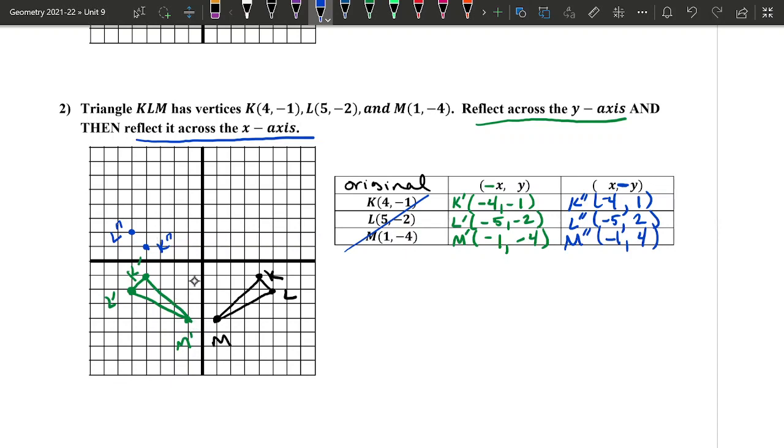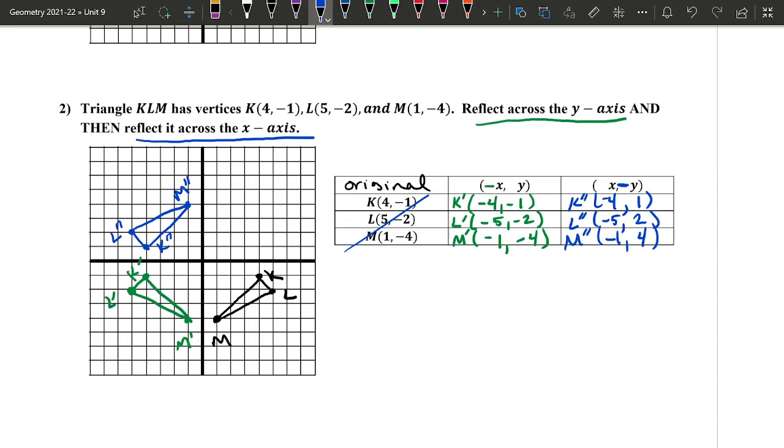And M would be here. At -1, 4, -5, 2, and -4, 1. So just verify your points match what you graphed. That's M double prime. So I took the green triangle and then flipped it up to the top.